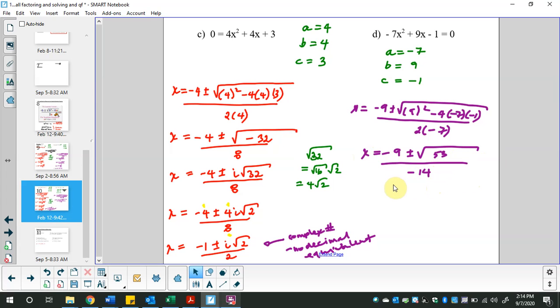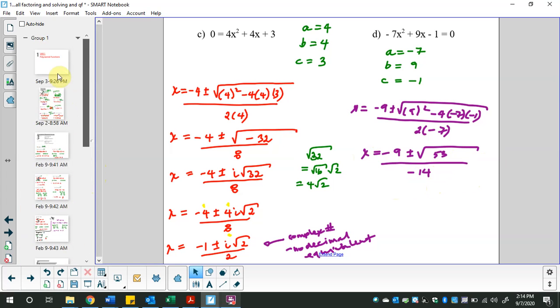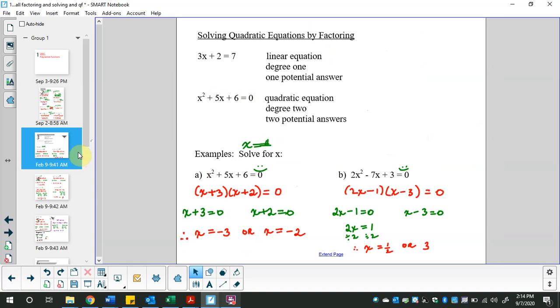So all these questions are examples of quadratic equations, degree 2 equations that have two potential answers and end up with two actual answers, as opposed to not two answers, so one or none.